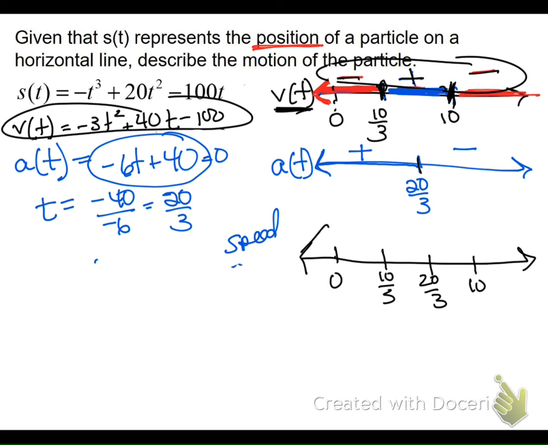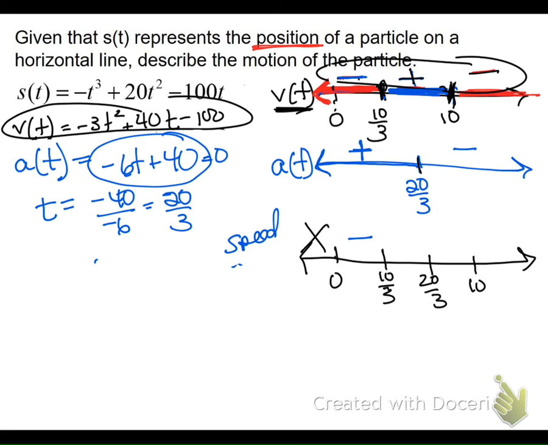Left of 0 doesn't exist in the world. Okay, between 0 and 10/3, velocity is negative, but acceleration is positive. Opposite signs means negative, slowing down.